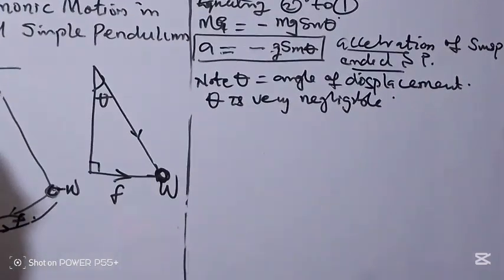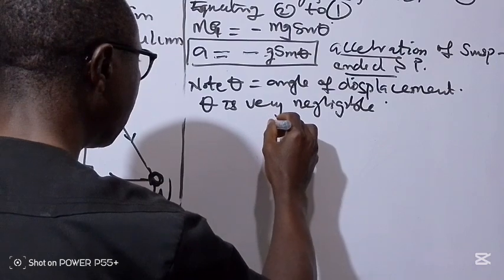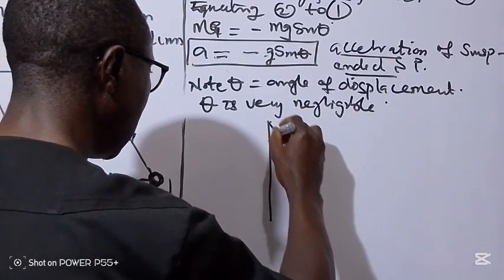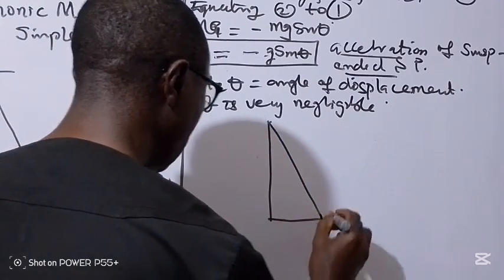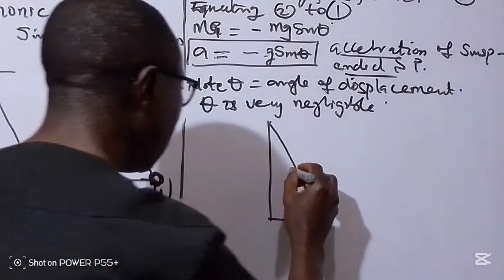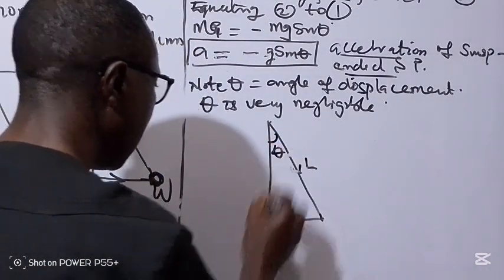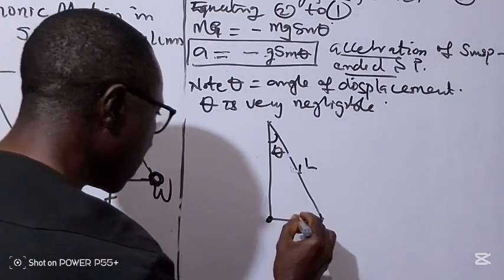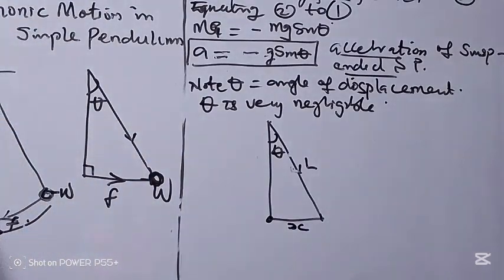So we can have the diagram like this, as we want to consider the length of the pendulum now. This is the length of the pendulum. This is theta, and as it displaces from the equilibrium position, this is our x. That is the displacement from the equilibrium position.